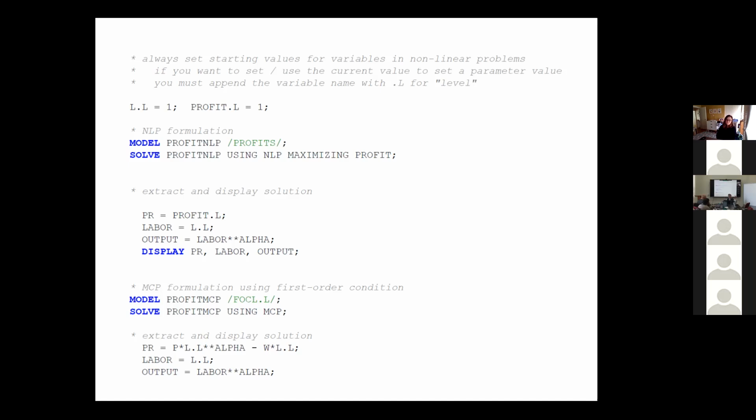It's lower level, level, which is the solution value, upper level boundary, I should say, and something called a marginal. And I'll tell you in a little while what the marginal is and why it's very, very useful in policy analysis and counterfactuals.